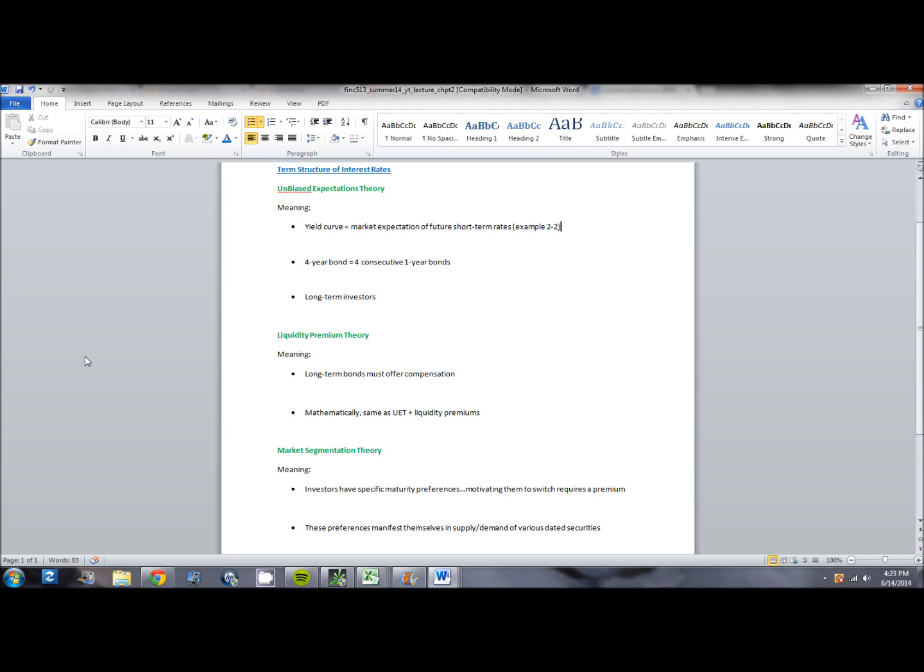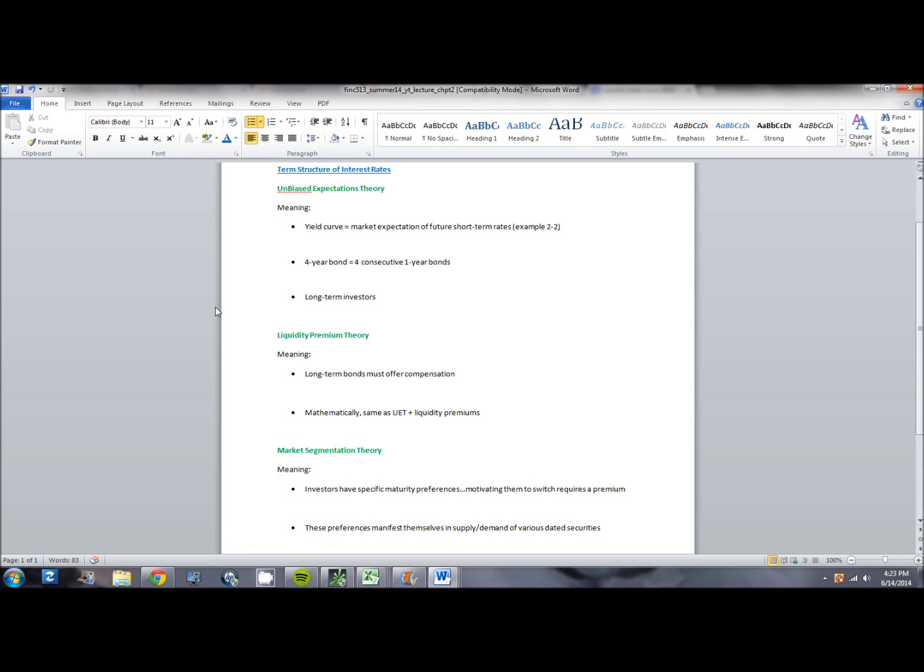Mathematically, the liquidity premium theory is actually identical to the unbiased expectations theory. The only difference is that when you're forecasting out into the future, you have to add liquidity premiums for each forecasted year or each expectation of a future return, which I think you saw in one of your homework problems.